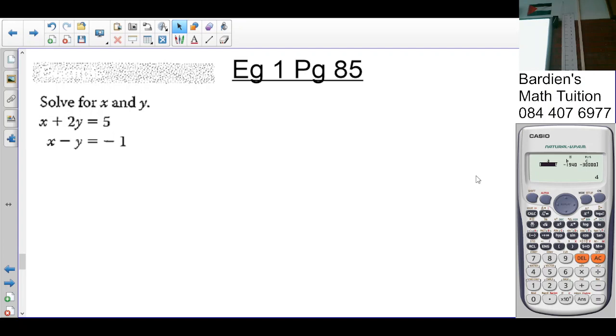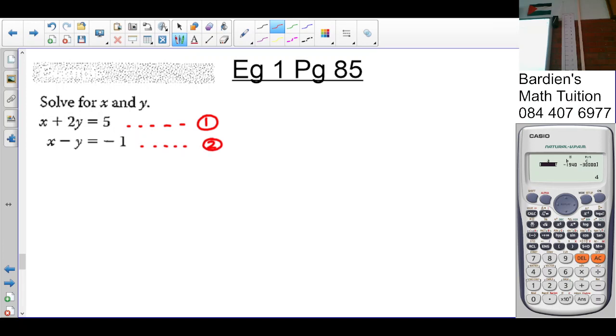We have x plus 2y equals 5 and x minus y equals the second value. There are two equations. We call this equation 1, and this will be equation 2.